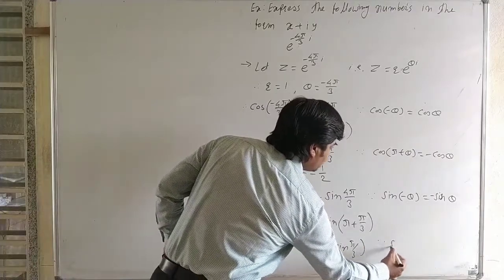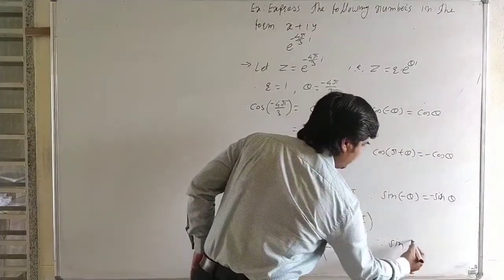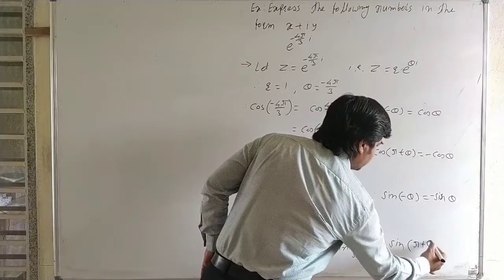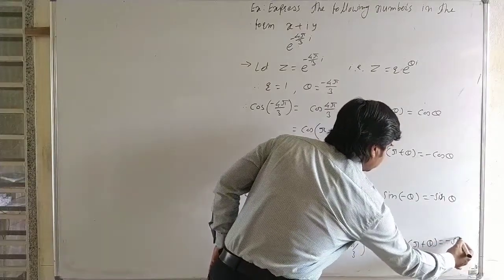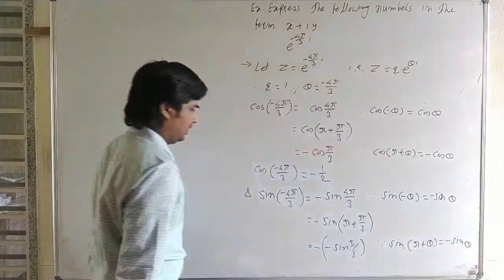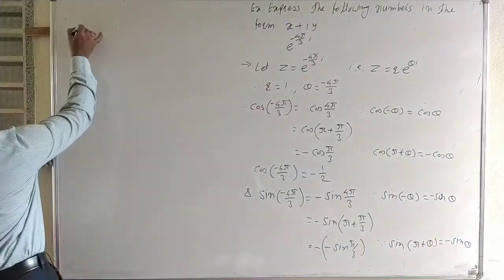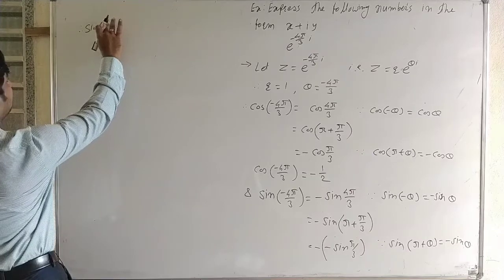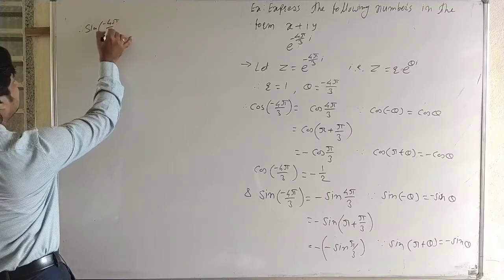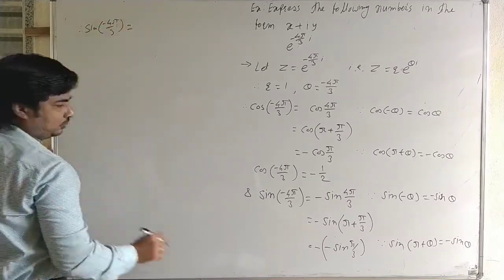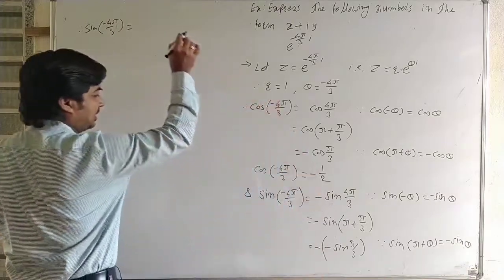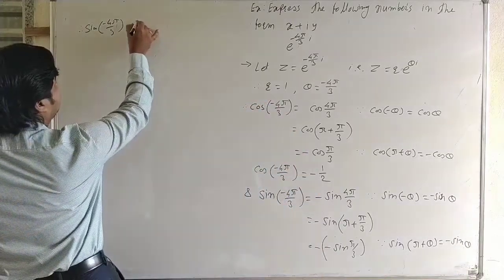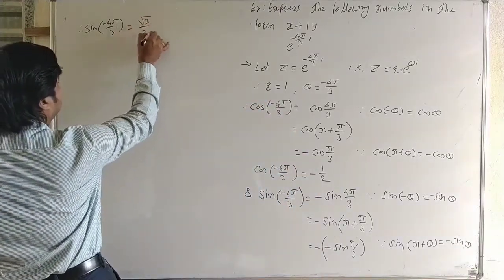Here we use sin pi plus theta is equal to minus sin theta. Okay. Now sin minus 4 pi by 3 is equal to, it is minus minus plus, and it is sin pi by 3, sin 60, it is under root 3 by 2.